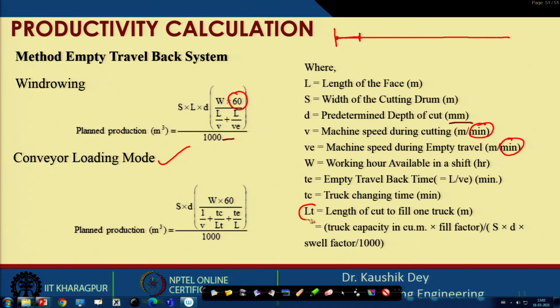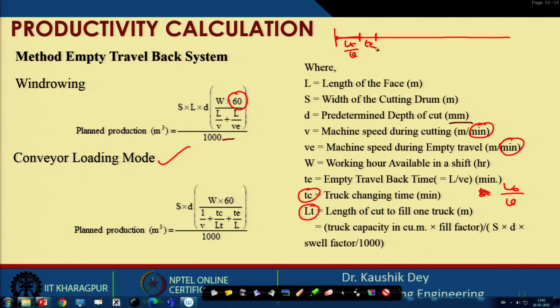This is L T, the length to fill the truck T C. After cutting this L T length, the time required is L T by V. So, we cut this length in L T by V time at this position, then we need a T C time. So, this T C time is required.